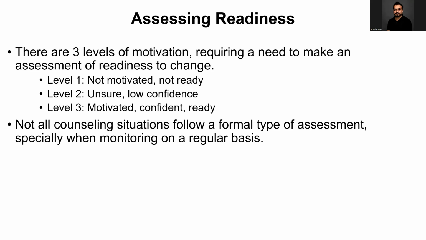And at level 3, clients are motivated, they are confident, and they are ready to take action. And remember, this is a very important point, not all counseling situations follow a formal type of assessment, especially when monitoring on a regular basis.